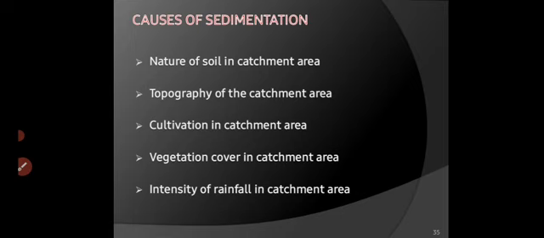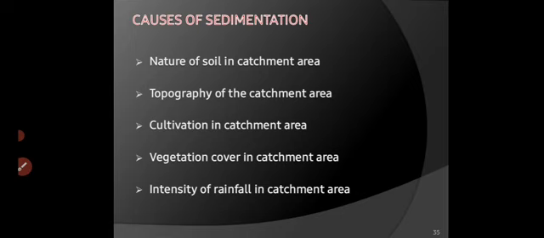So this process of deposition of sand and silt is known as sedimentation, which ultimately reduces the capacity of the reservoir, and sedimentation is not advisable. So these are the reasons, or the causes of sedimentation.